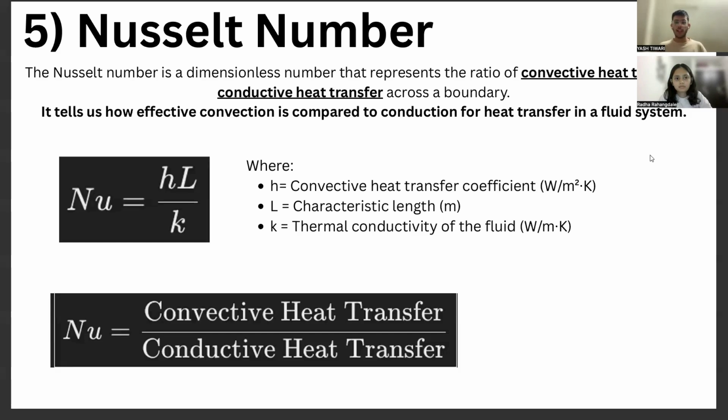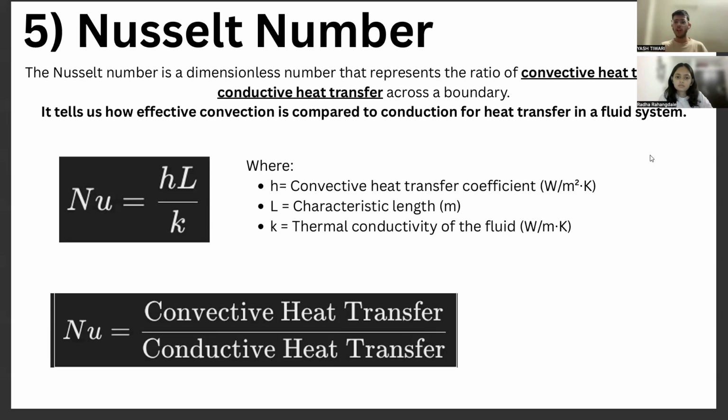So we have the second last number, that is the Nusselt number. The Nusselt number is a dimensionless number that represents the ratio of convective heat transfer to conductive heat transfer across a boundary. It tells us how effective convection is compared to conduction for heat transfer in a fluid system. Nusselt number can be written as hL by k, where h stands for the convective heat transfer coefficient.